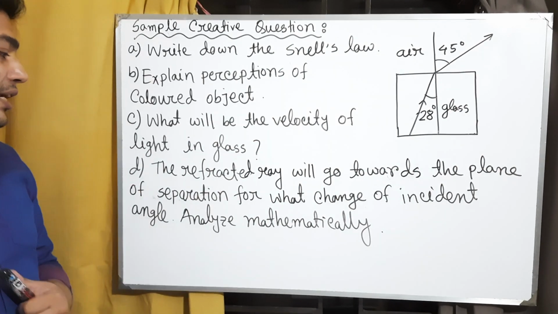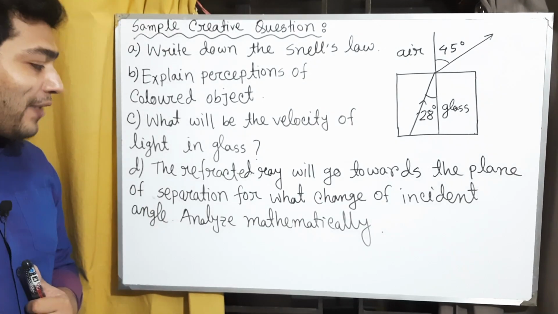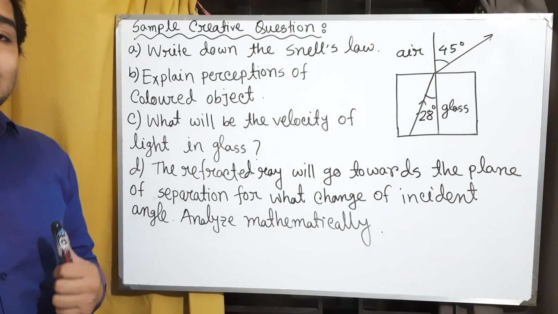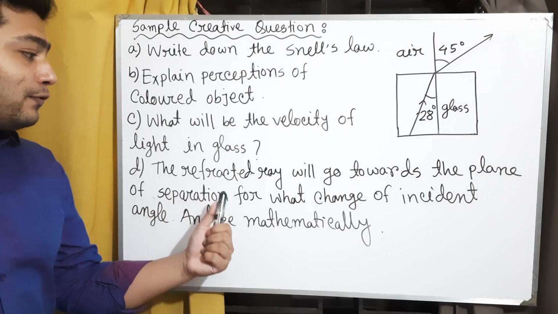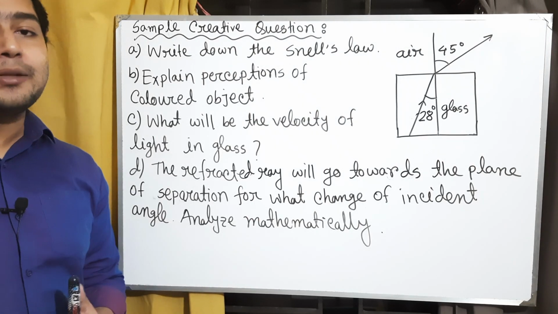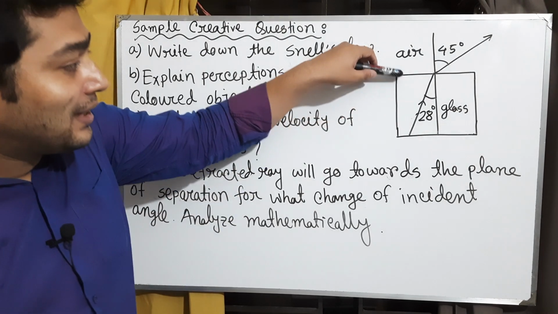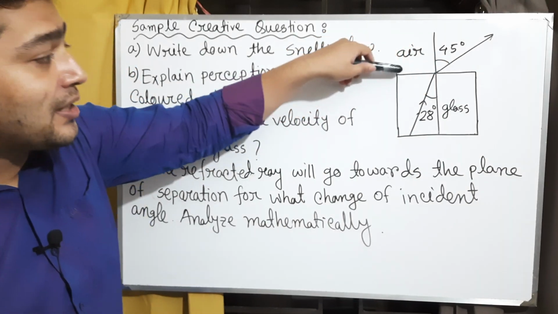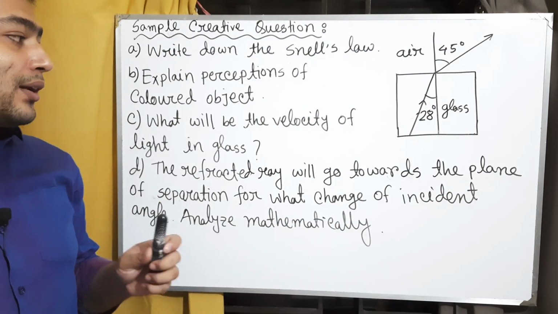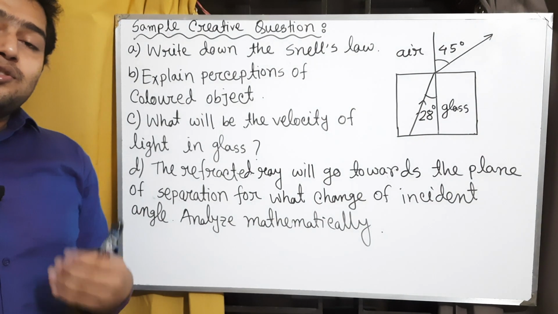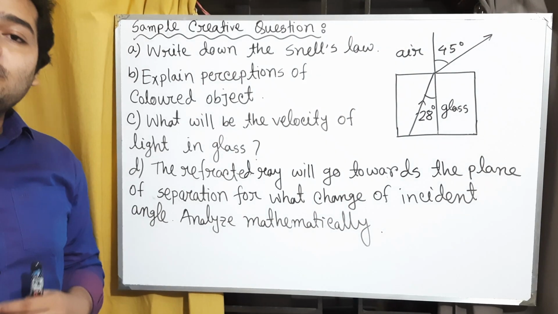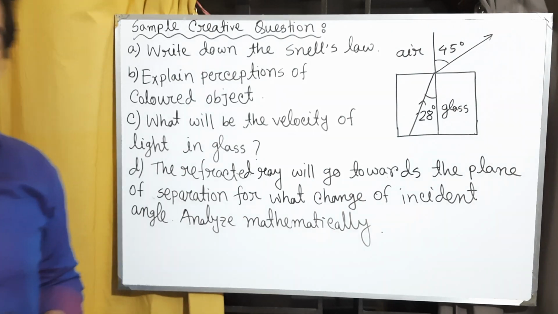And question D is, the refracted ray will go towards the plane of separation for what change of incident angle? Analyze mathematically. Here you see that this line is the separation line between glass and air. So, students, we will solve this creative question step by step.